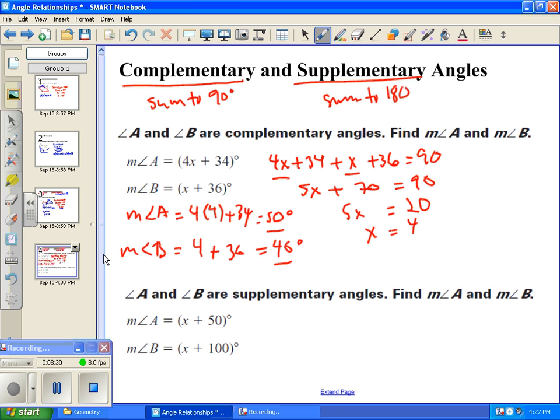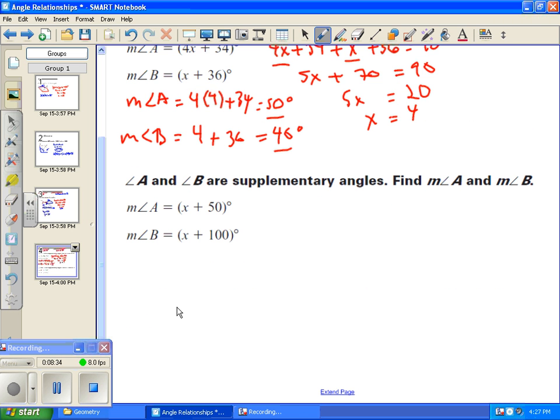Now the second part, supplementary angles. Again, the procedure is the same. The only difference is that those angles add up to 180. So we're going to set up our equation, x plus 50 plus x plus 100 equals 180.